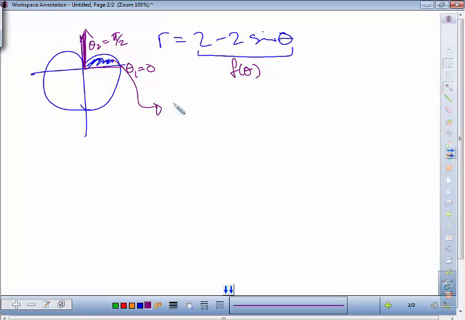So your area is going to be the integral from 0 to pi over 2 of 1/2. I guess you could take the 1/2 outside. And then you have 2 minus 2 sine theta squared d theta.